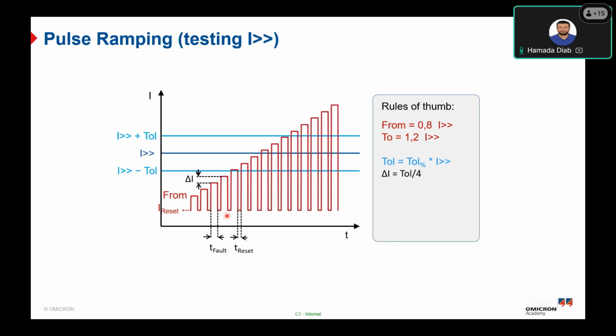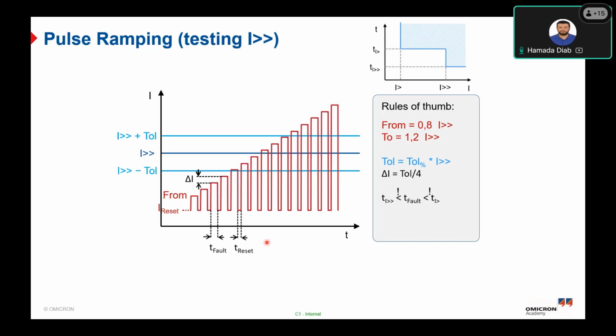So we have to identify two times, which are the T fault and the T reset. The fault time should, for sure, be greater than the TI double greater, which we are using to test the pickup value, and should be less than the TI greater, to differentiate between the first and the second stages.